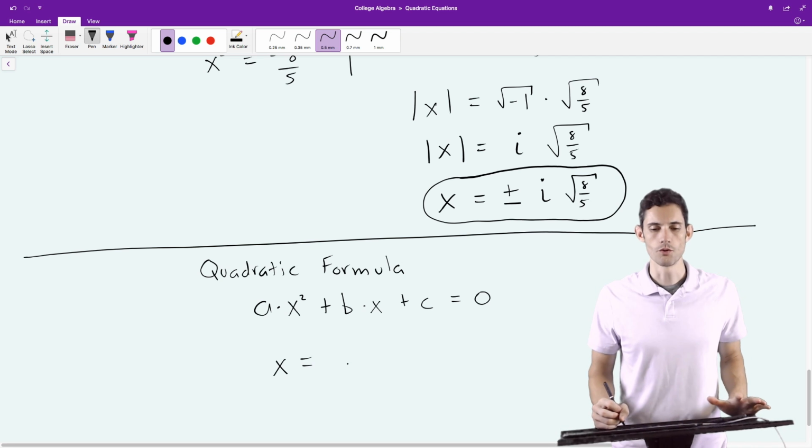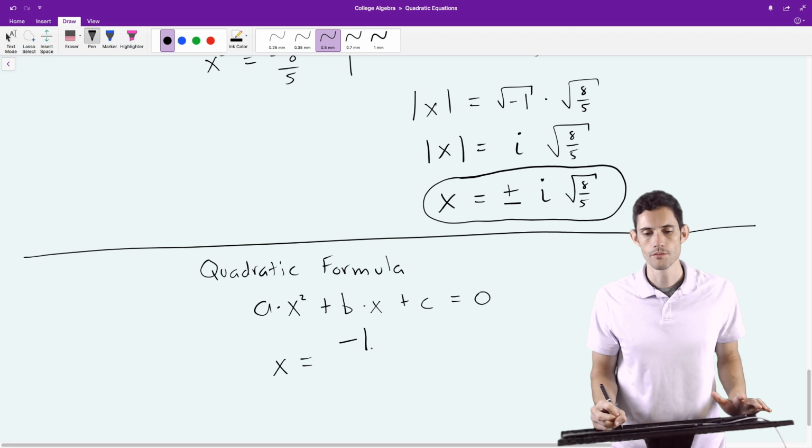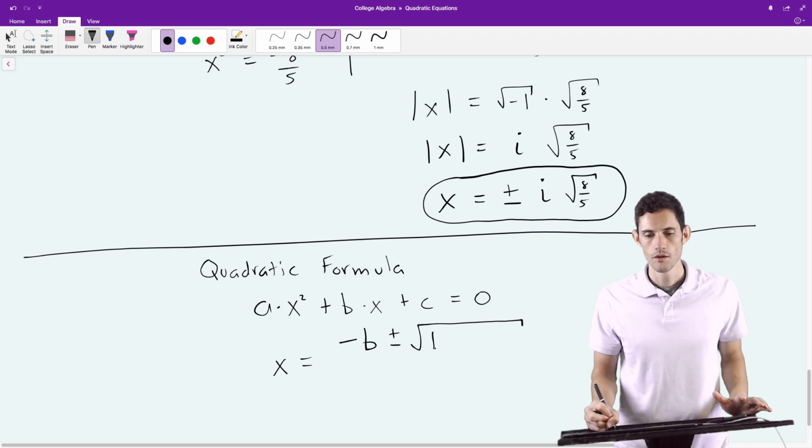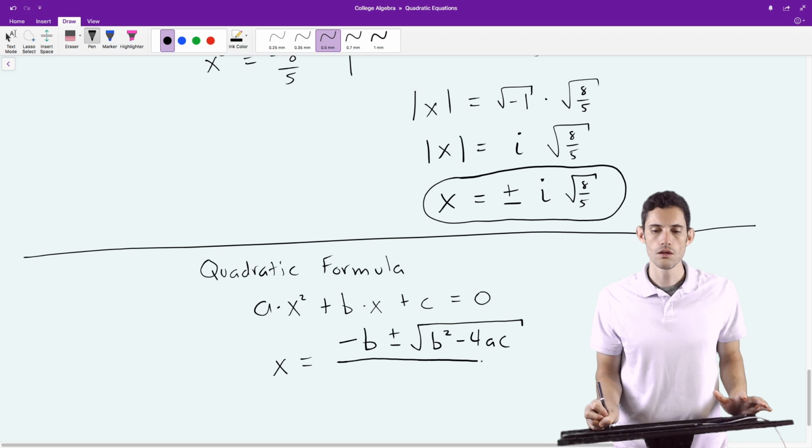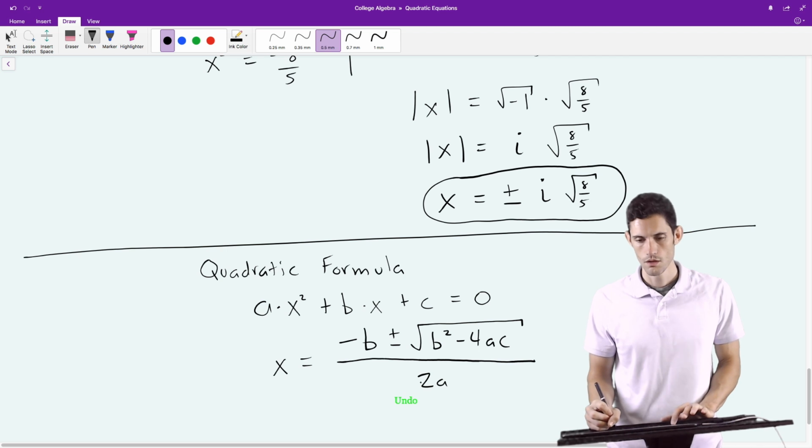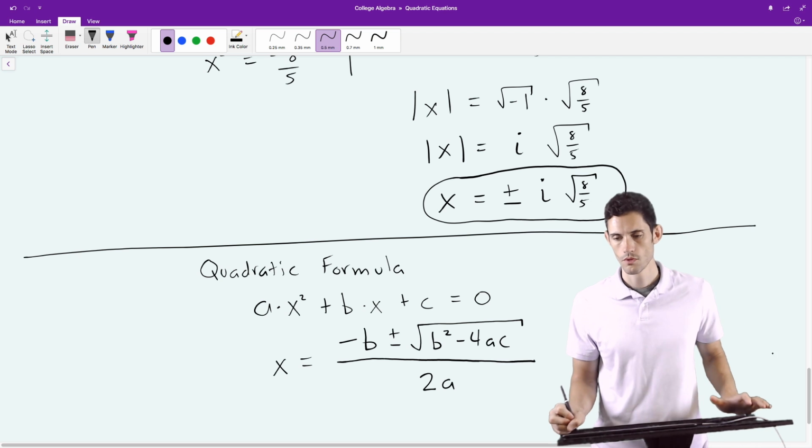So the quadratic formula is x equals negative b plus or minus the square root of b squared minus 4ac, all over 2a. I like that, 2a.